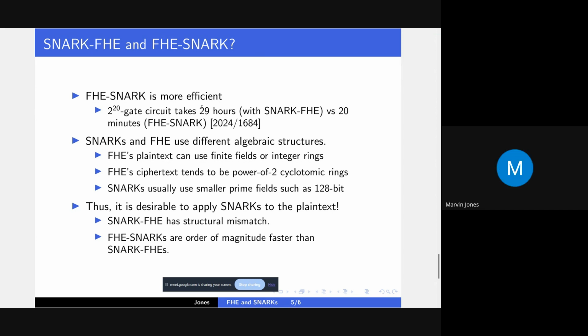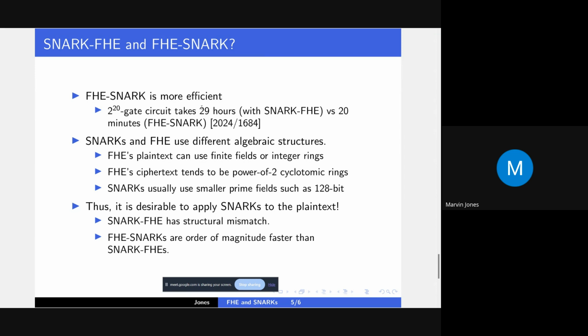Thanks for the clarification. Like I said, it's really any computation where you need to offload it, and you need to be able to have a proof that it's correct.